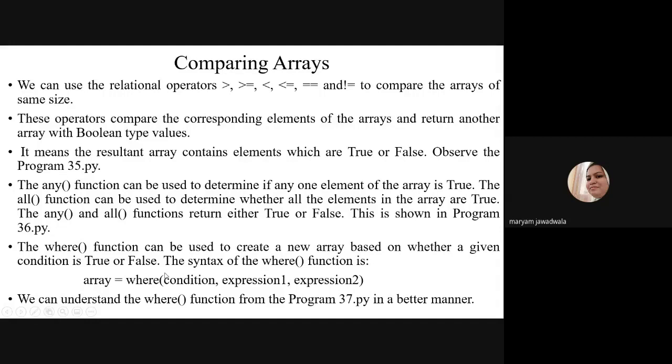The syntax for the where function is: you write where, then the condition, then expression 1 and expression 2. It means if the condition is true, then the element of the array is expression 1, otherwise expression 2.